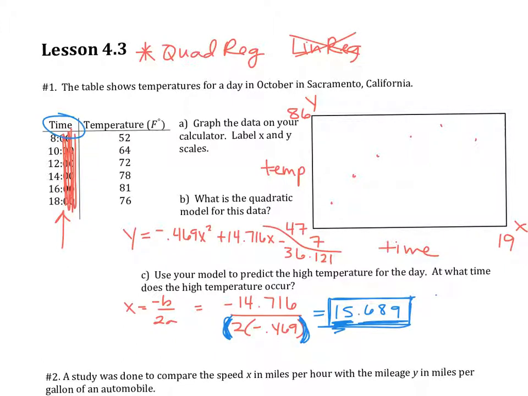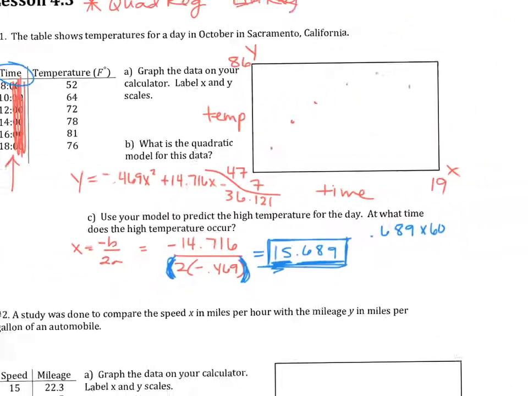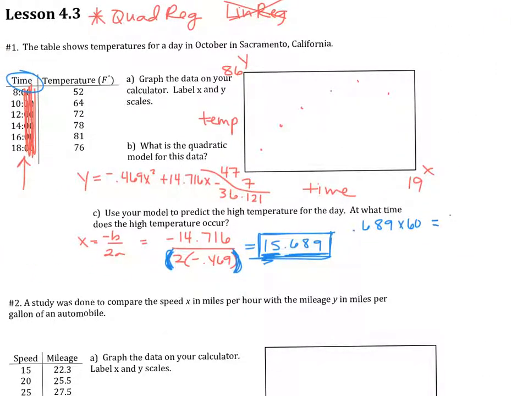So you need to take this 0.689 and multiply it by 60, and that will tell you your minutes, okay? So 0.689 times 60 gives you 41.34, okay? We're just calling that 41 minutes.